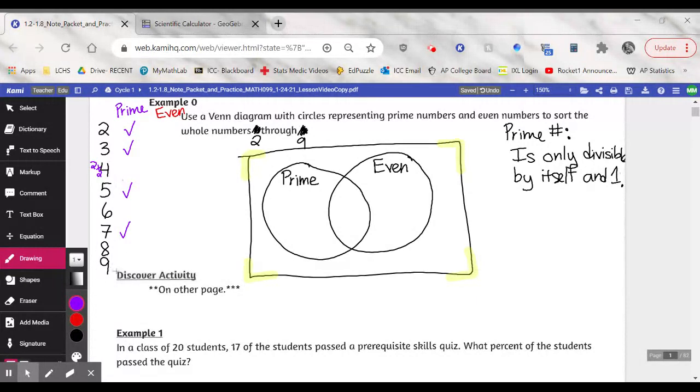And 9 is not because you could do 3 times 3. So the ones with the purple check mark are prime.